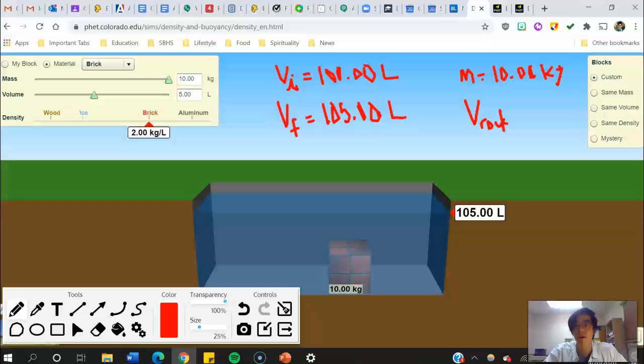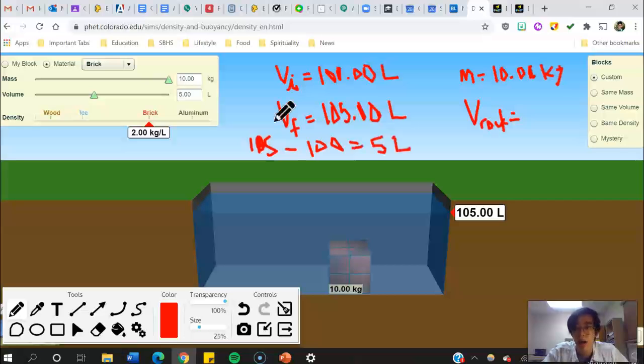Okay, so now how do I find the volume of my rock? What I actually do is find the difference, or subtract the final volume minus the initial volume. Just the change is going to tell me the volume of the rock, how much the water changed. So all I do is 105.00 minus 100, which gives me 5 liters. I would put decimals and the zeros there, but I'm running out of space.